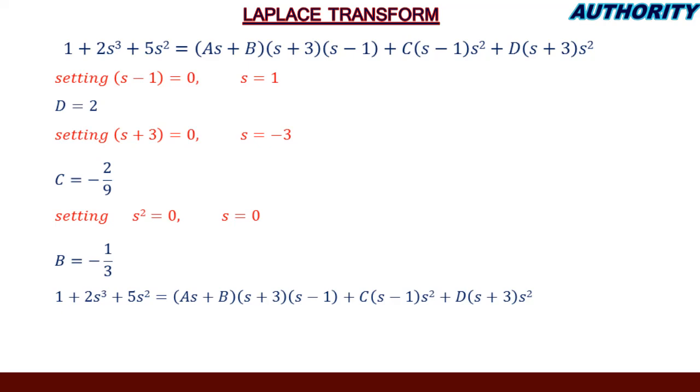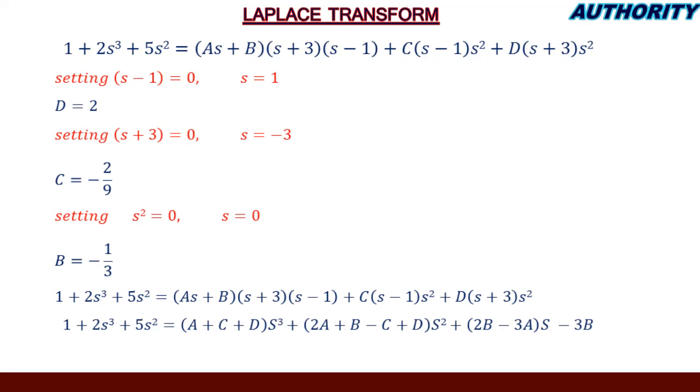So what we do is, we open the brackets and then collect like terms. When we collect like terms, we factor out s cubed, s squared and s. This is what we are going to have.